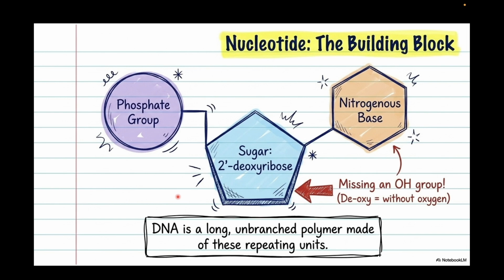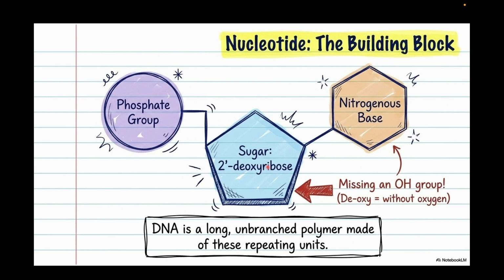Nucleotides are made up of three parts: the 5-carbon deoxyribose sugar, and it is called deoxy because there is a missing OH group at the second carbon. The second component is the phosphate group, which connects neighboring nucleotides together, and the third component is the nitrogenous base, and this is where the genetic information is stored.